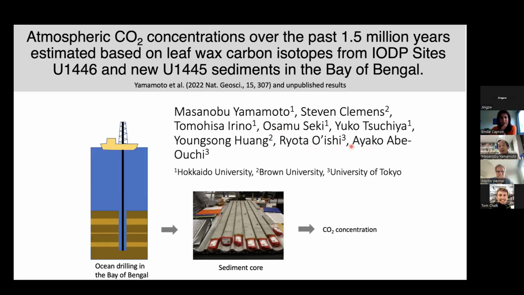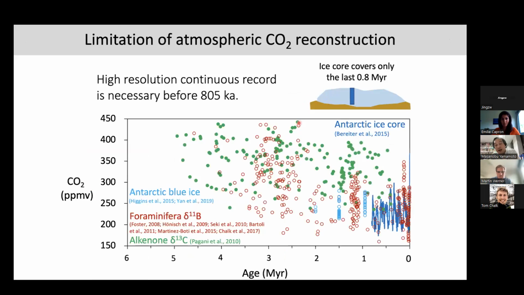So we reconstructed the atmospheric CO2 concentrations based on leaf wax carbon isotopes in the Bay of Bengal. As you know, the reconstruction of CO2 concentration is essential to understanding the history of Earth's climate. Ice core is a precious archive of the CO2 concentration.